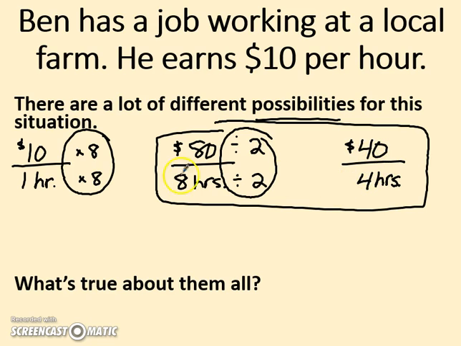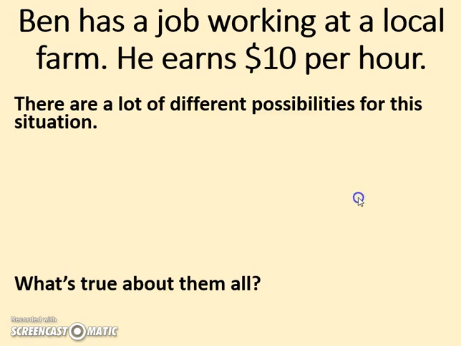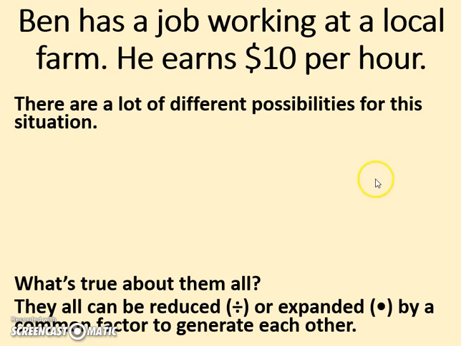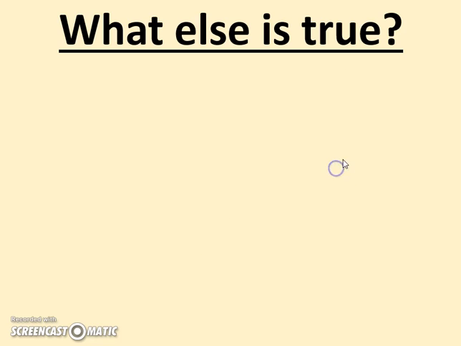It will reduce to 10 to 1. It will reduce to the constant of proportionality, which also means that we can expand it to get a new ratio, or reduce an already existing ratio to get a different ratio. So they can all be reduced or expanded by a common factor to generate each other.